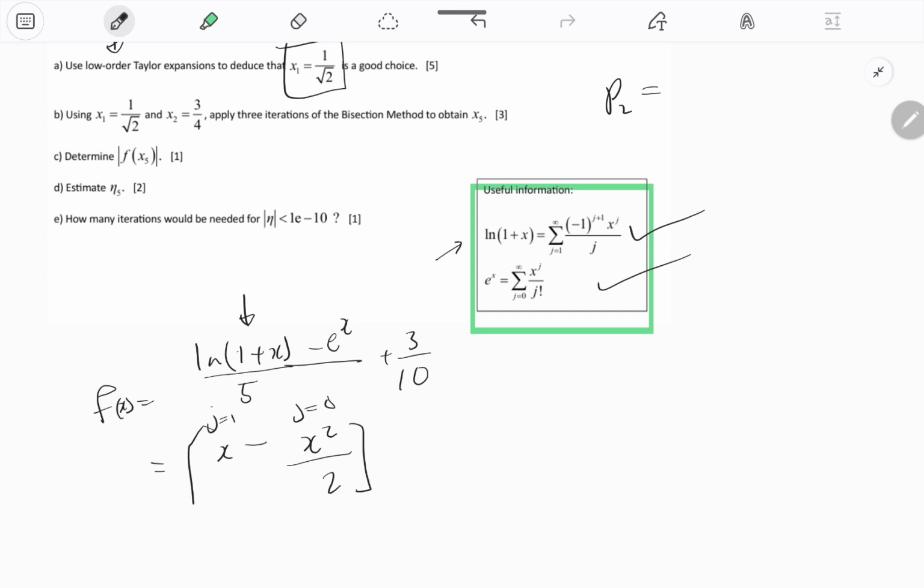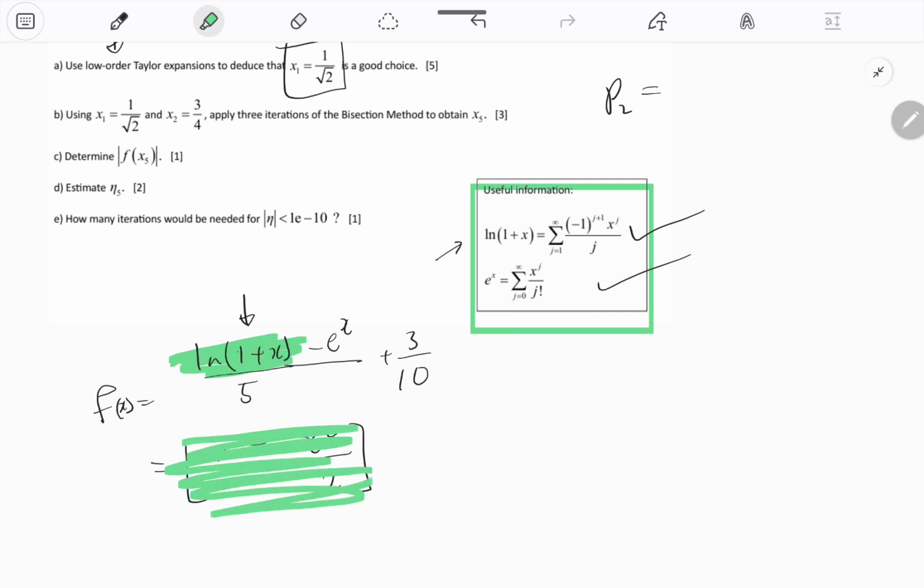This is the same as this, minus this one. We're going to use this one also. The first term, when x is equal to 1, you'll get 1 on top, you've got x, and below we'll get 1 factorial.